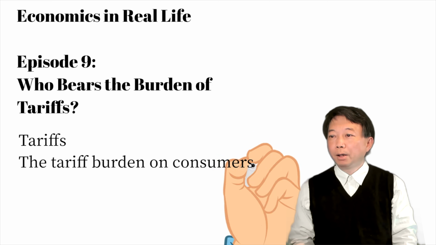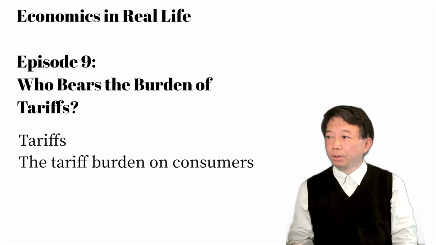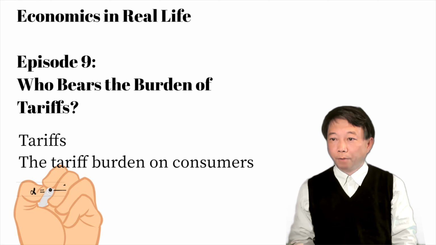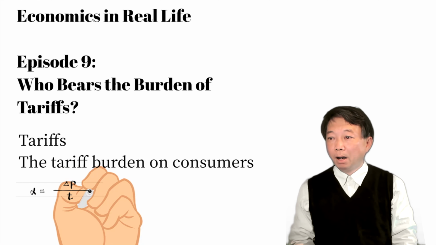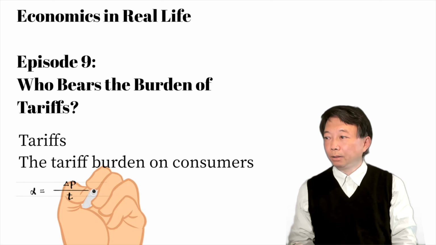In other words, it is how much of the tariff is passed on to consumers. It equals the change in the market price of the good divided by the amount of the tariff. I call it alpha. The tariff burden on firms equals 1 minus the tariff burden on consumers.